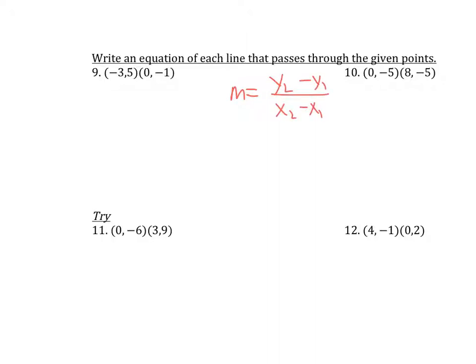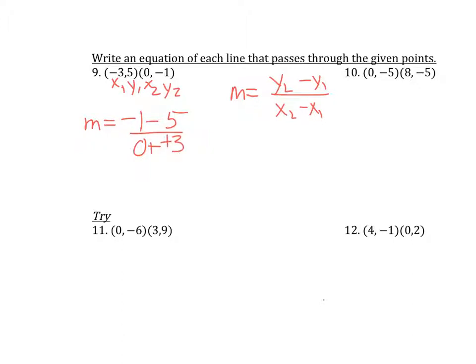So then I have x1 and y1, x2, and y2. So m equals y2, which is -1, minus y1, which is 5, over x2, which is 0, minus x1, which is -3.